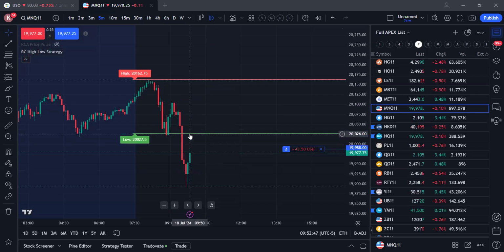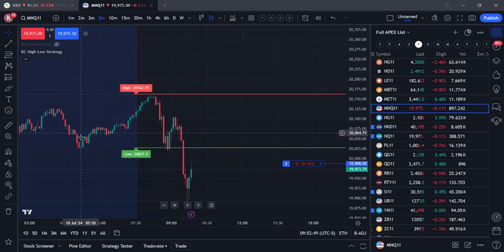So NQ can go and touch this level. If it breaks this low, then it can go all the way till the top.